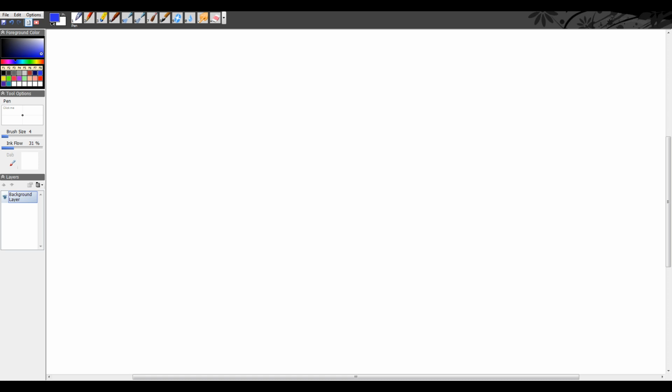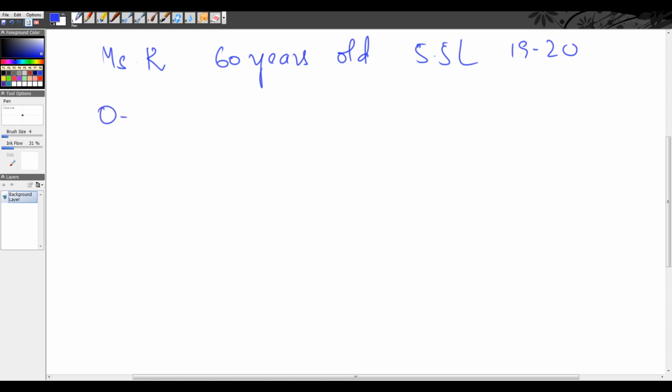Now, let us consider Miss R, who is 60 years old and earning an income of 5,50,000 in the previous year 19-20. So in this case, what we have to consider is the basic slab does not start from 2,50,000, but it will be extended up to 3 lakh rupees.